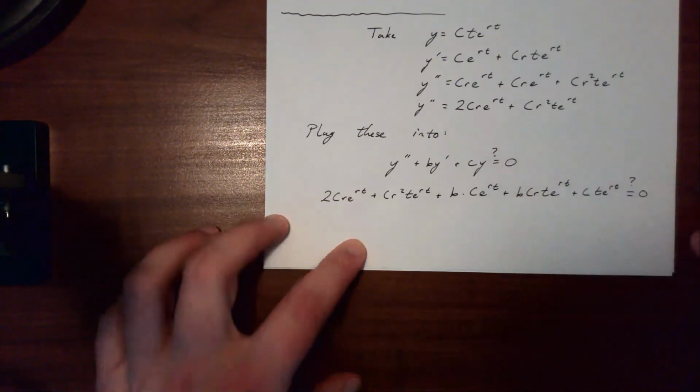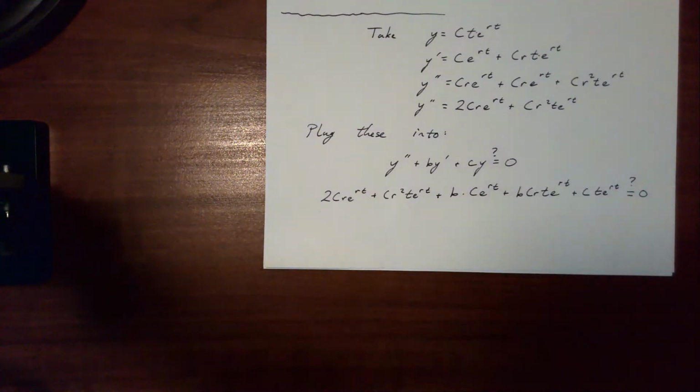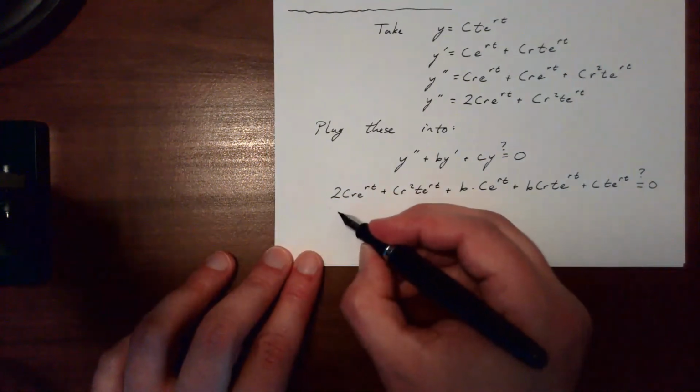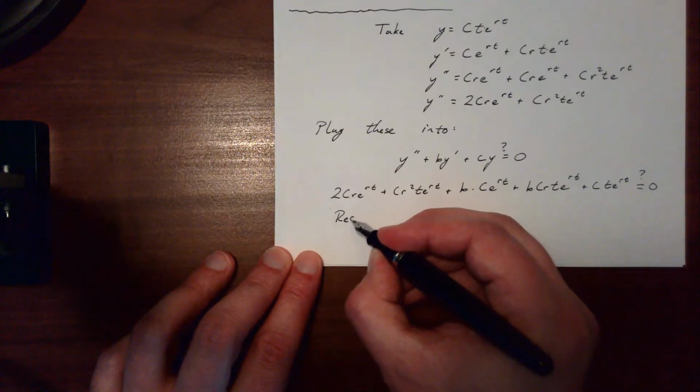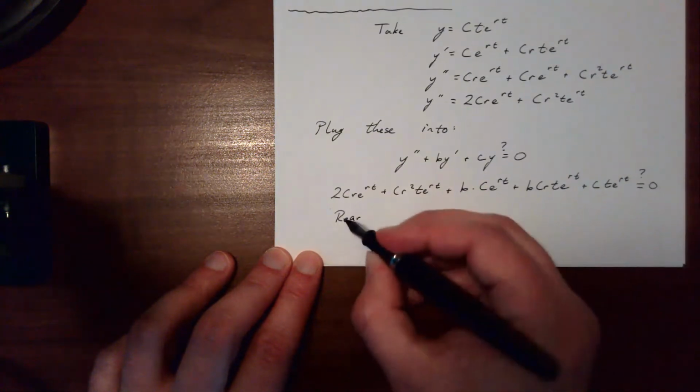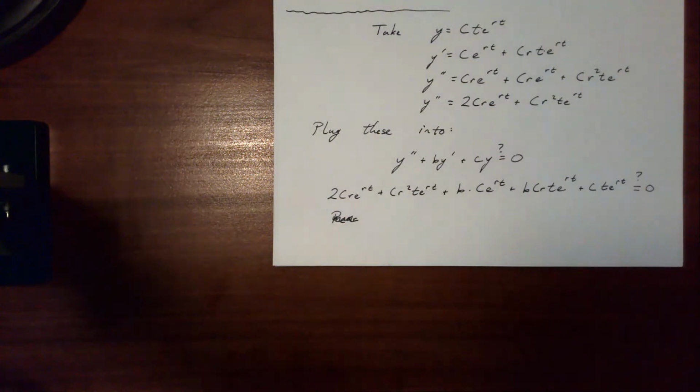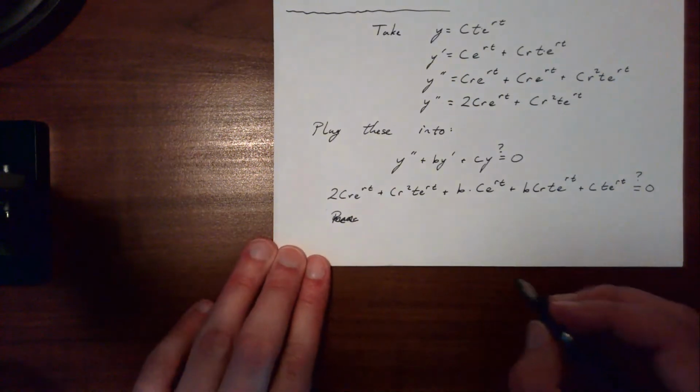So now we're just kind of hoping this is all going to equal 0. Well, if we separate out the terms that have the e to the rt and the terms that have the t e to the rt, then we can break this up. So let's rearrange. Or actually, better yet, first how about we just divide everything by the common factors of c and e to the rt. Every term here has that, so let's just divide by that.